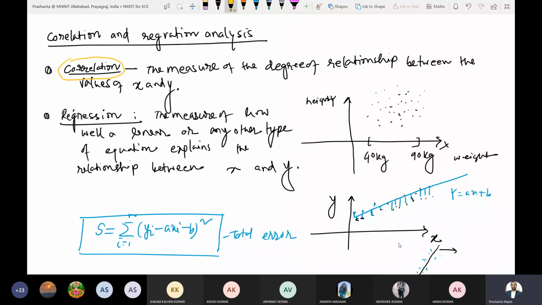For example, production of paddy is related to the total rainfall, the temperature, and the quality of the soil. So the total paddy depends on those three variables.